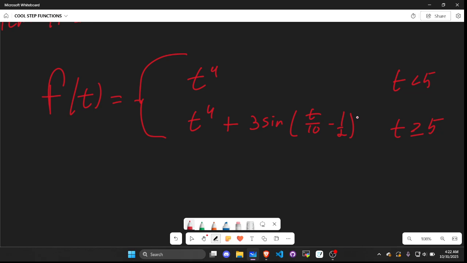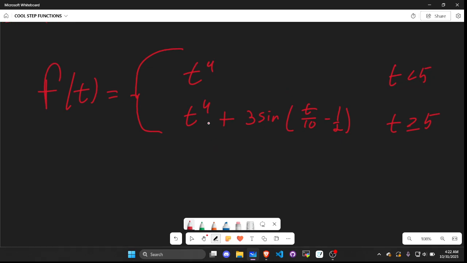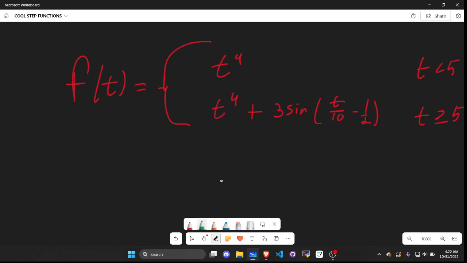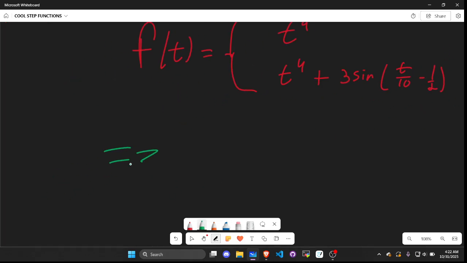but we can't really manipulate it in any meaningful way. If we do, we're going to have to do these 2 branches, which is very tedious. Instead, we can just represent it as one function, because why not? So we're going to rewrite it.